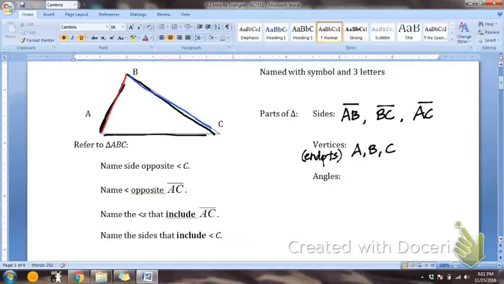Now that we've talked about the endpoints and we've talked about the sides, let's talk about the angles.